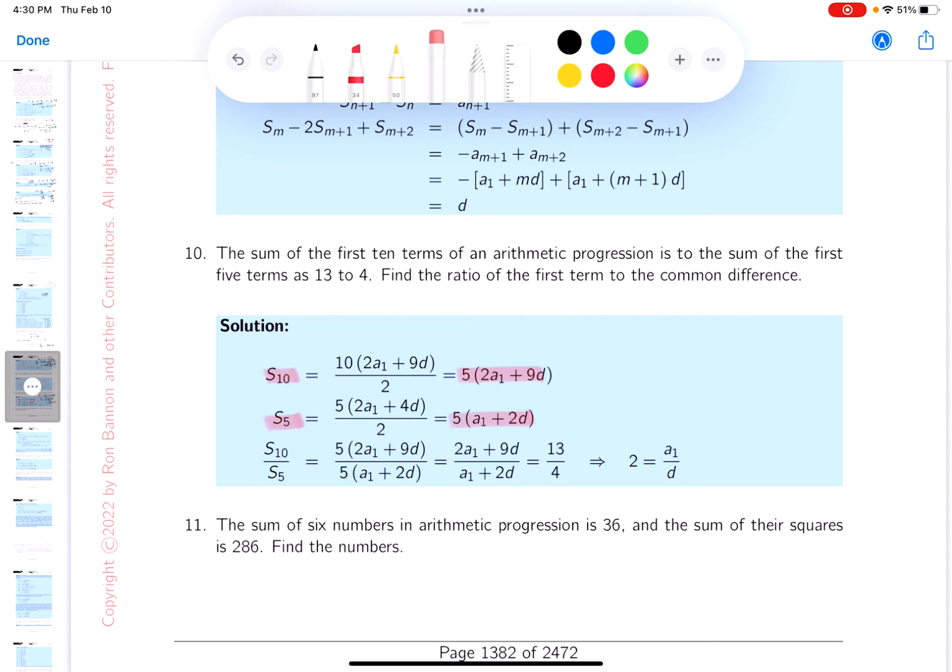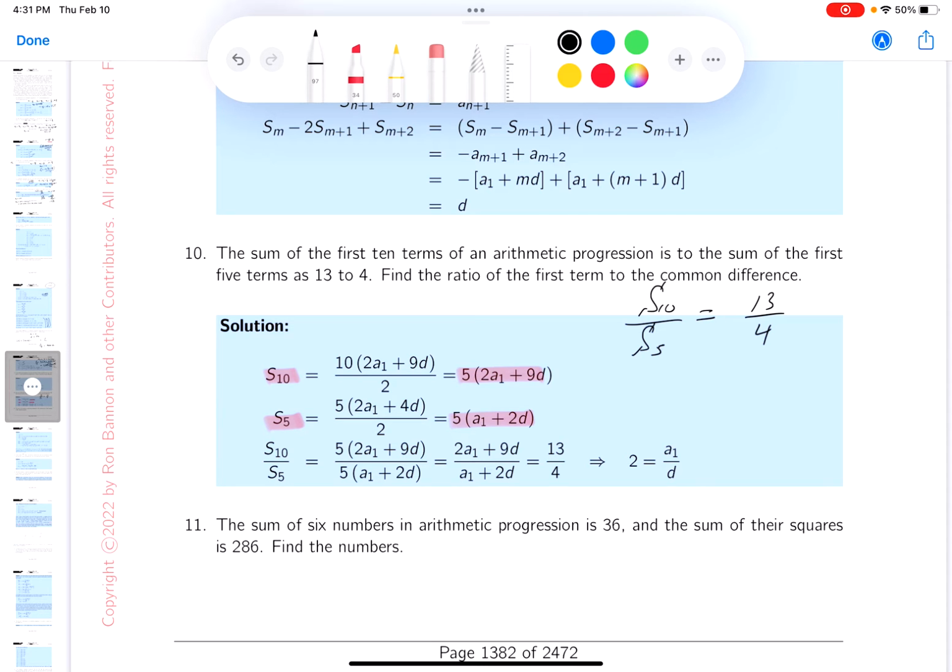Okay, let's see the next one. They said this. The sum of the first 10 terms of the progression is to the sum of the first 5 terms. Well, let's write that down. So they're saying that S10 to S5 is the same thing as 13 to 4. All right, let's take a look at what we can write down.